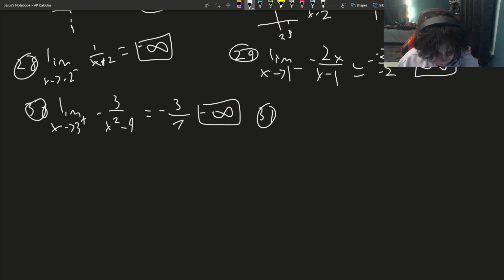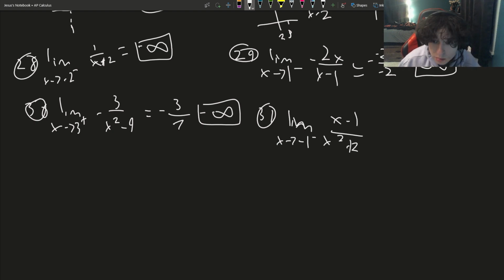31. The limit as x approaches negative 1 from the left is x minus 1 over x squared plus, oh, I'm doing the wrong one.